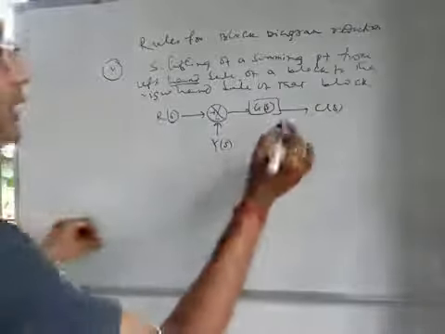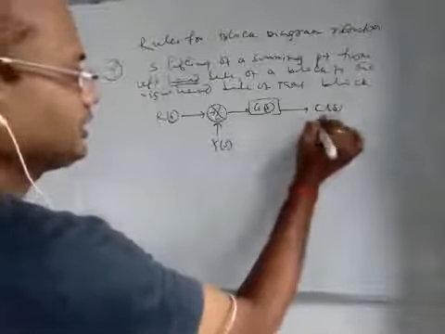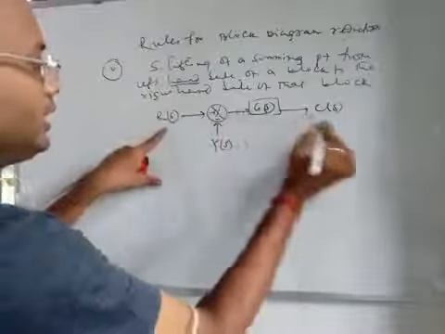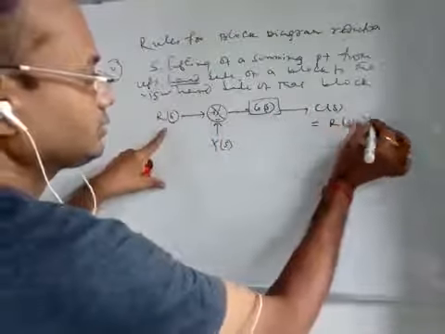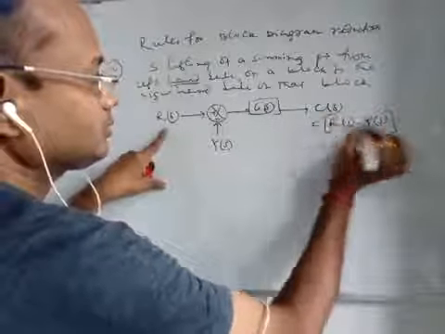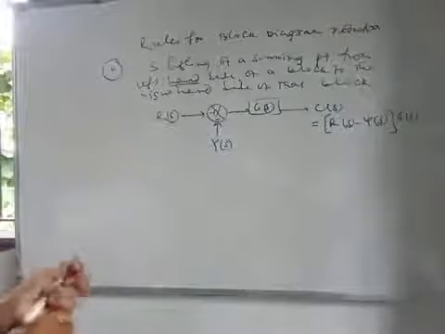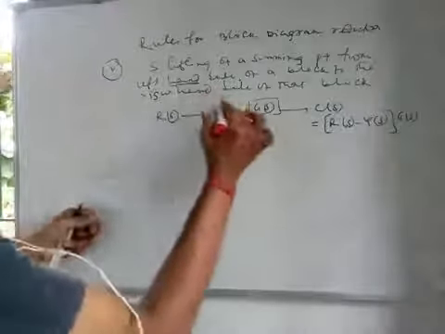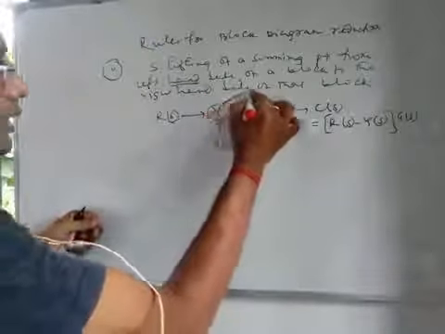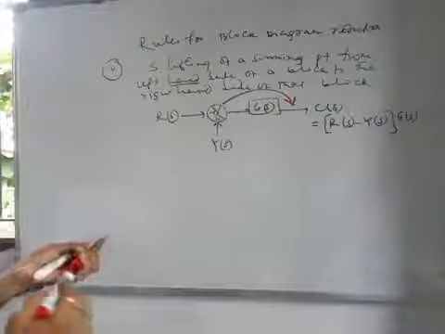So what is the value of CS? CS is equal to RS minus YS into GS. Now you have to shift this summing block from the left hand side of the GS to the right hand side of the GS, right?